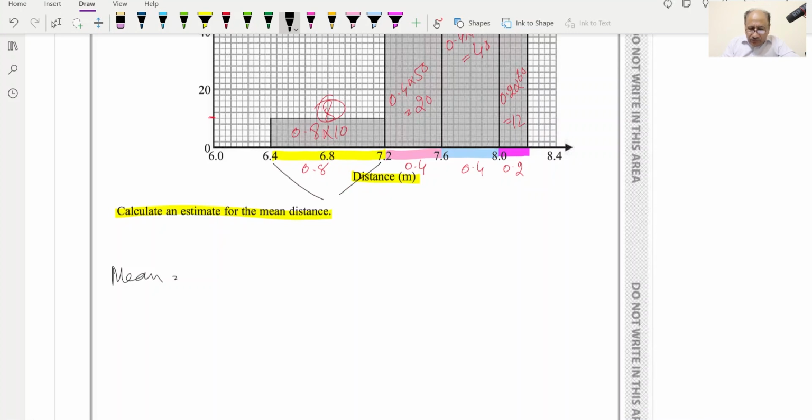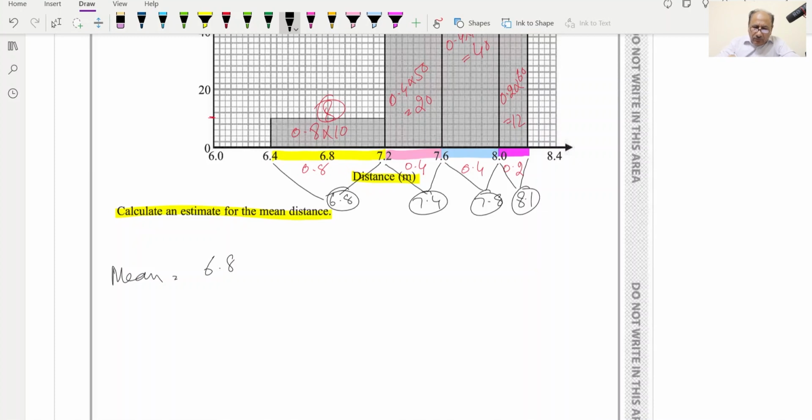So the mid of this range is 6.8, the mid of this range is 7.4, and the mid of this range is 7.8, and basically not this one, we'll have to take from here to this one, which will be 8.1. So I will circle it so that you will not be confused.